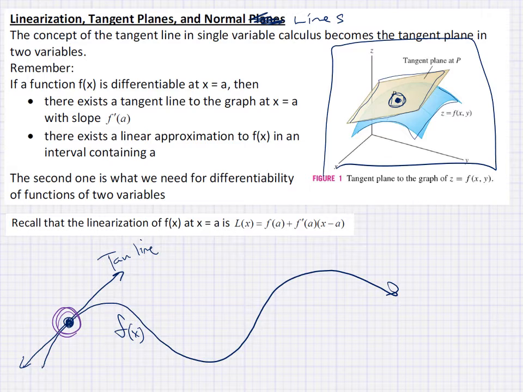Why not? Well, the point that I'm standing at, the x and the f of x, those coordinates are the same on the line and on the function. So the x and the y basically are exactly the same in both locations. Whether I'm on the line or I'm on the function, I'm at the same spot.